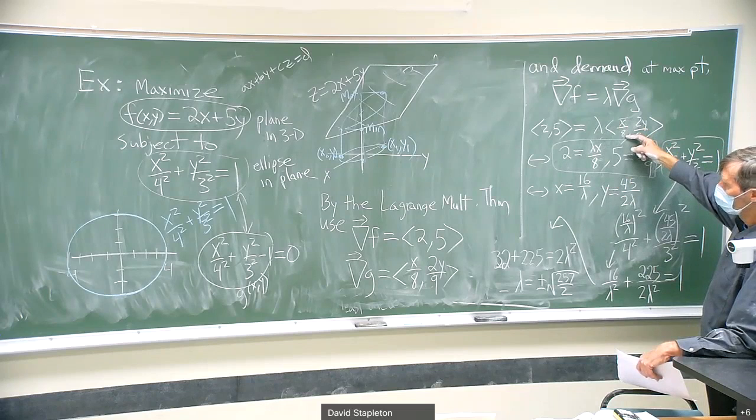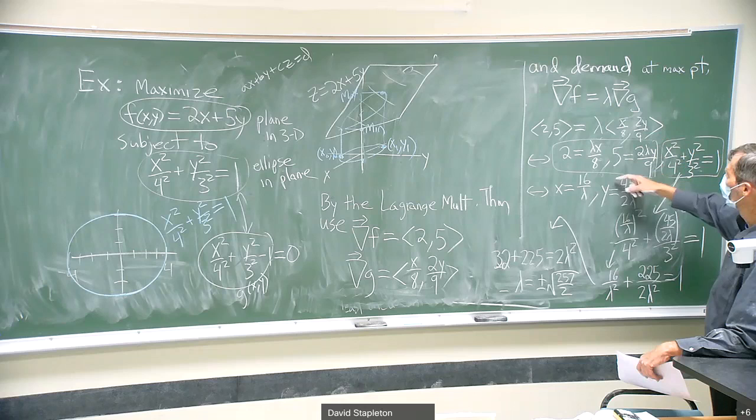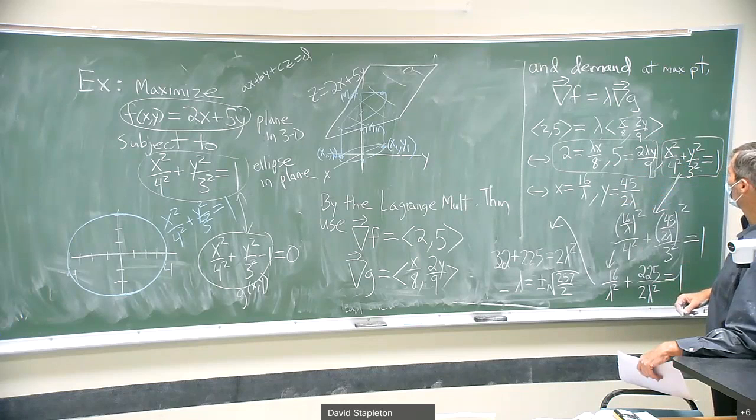X over 8, 2y over 9 is 2, 5. X is 16 over lambda, y is 45 over 2 lambda. The squared plus the squared.